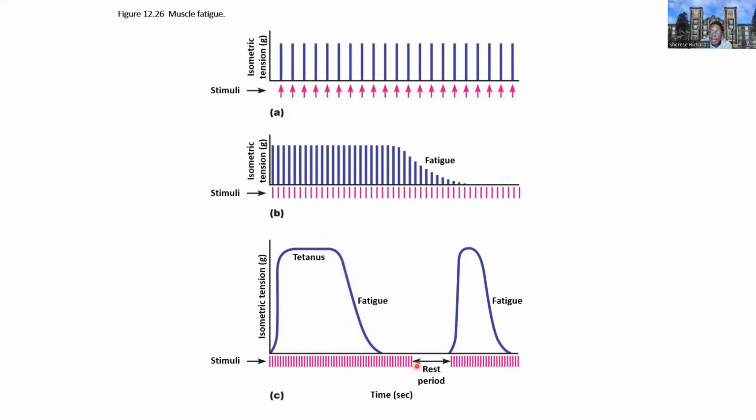Fatigue also means that after a period of rest, the muscle can no longer live up to that same contraction. So even after a period of rest, the contraction that happens is still going to be shorter and not able to be sustained for as long. Okay, so fatigue can mean a decrease in immediate function, but it can also mean decreased function even after a period of rest.